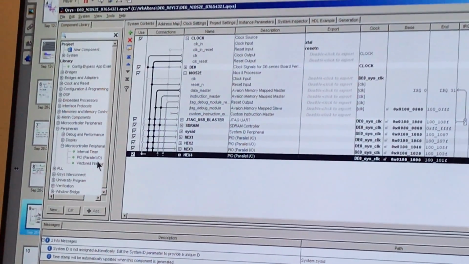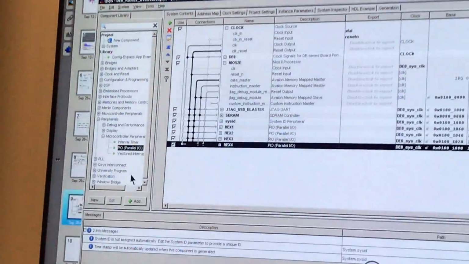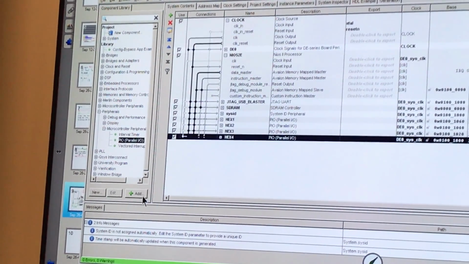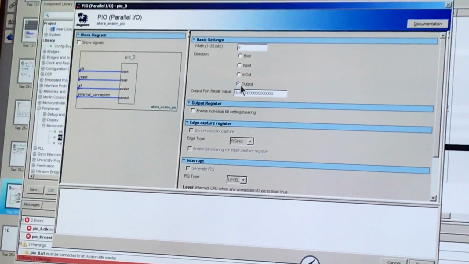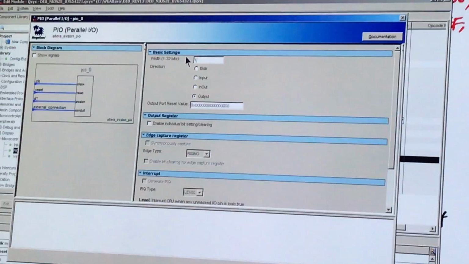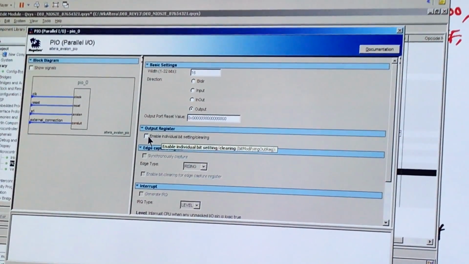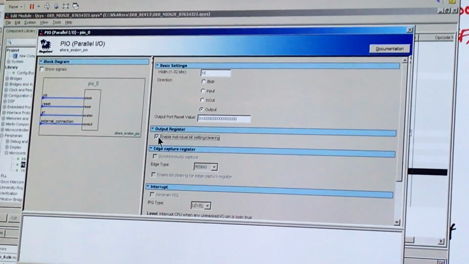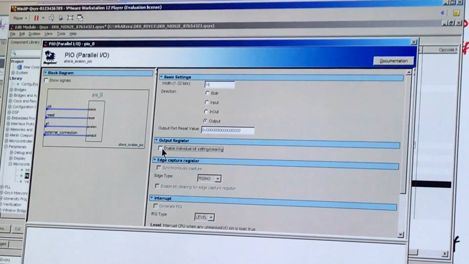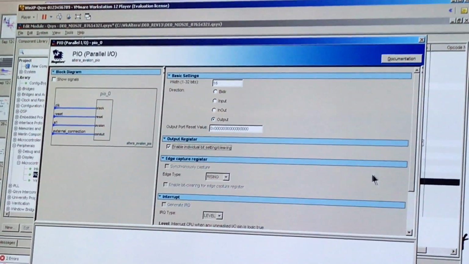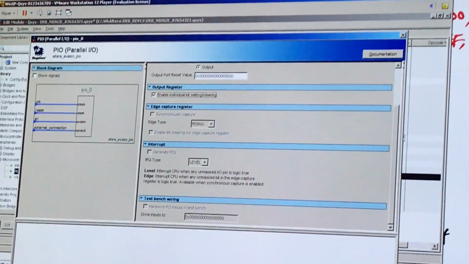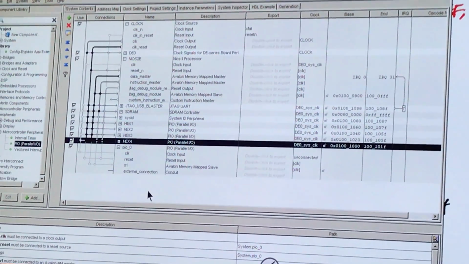Okay. So PIO, parallel input output. And how many bits? 16. Output only. This one we use to check it. But now checking it or not checking it doesn't really matter. Okay? Even if you check it, it doesn't change anything. So this is what we have.